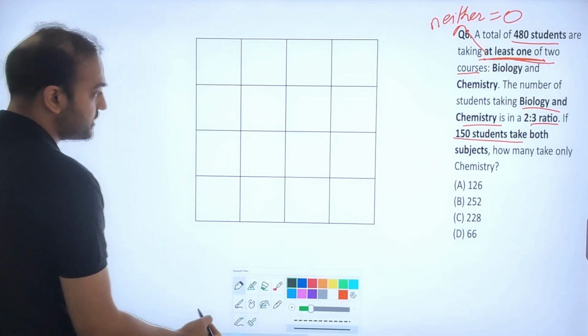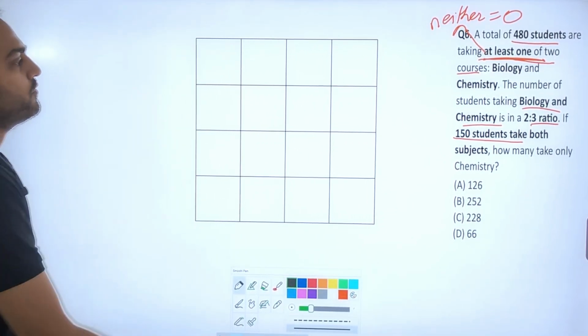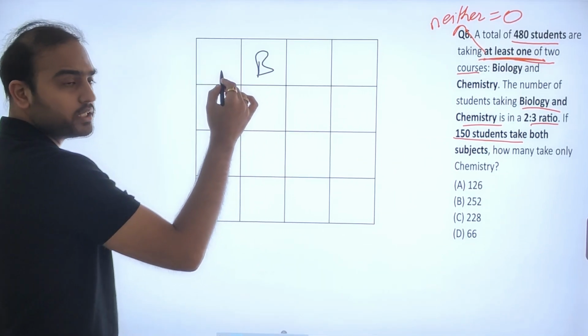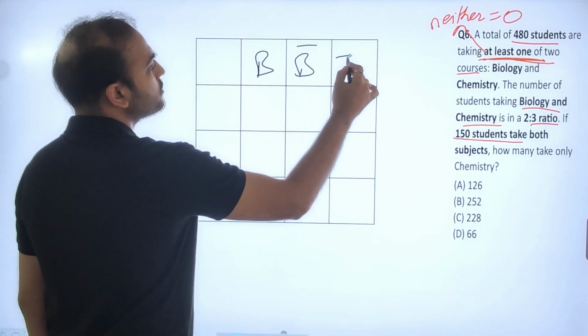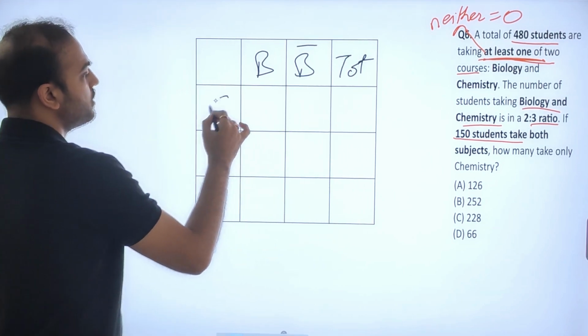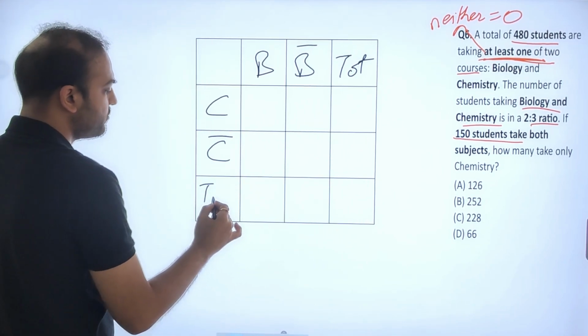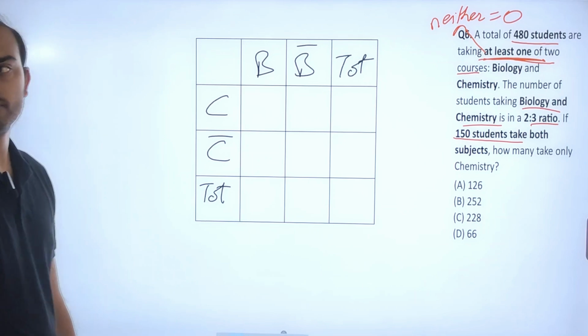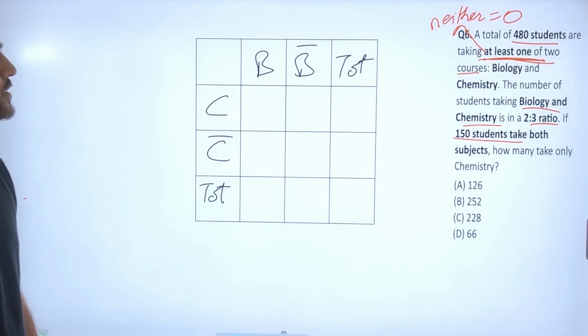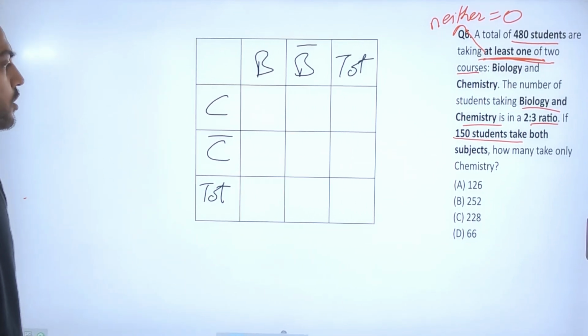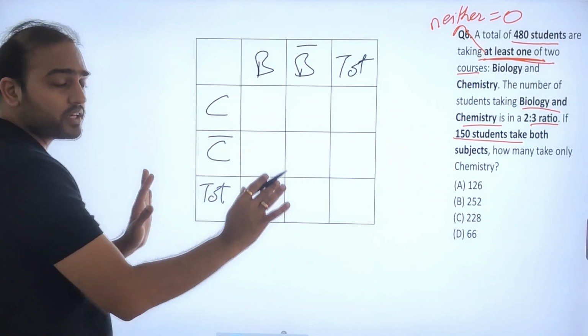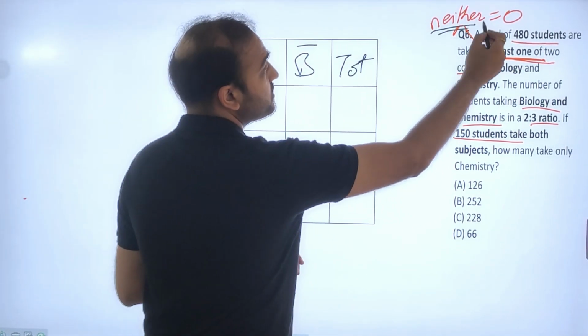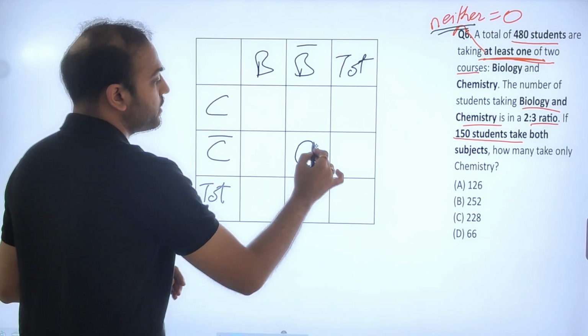So let's continue with our table. We have people who take biology, not biology, total, chemistry, not chemistry, total. Now before I solve, let me write this down so that I don't forget.